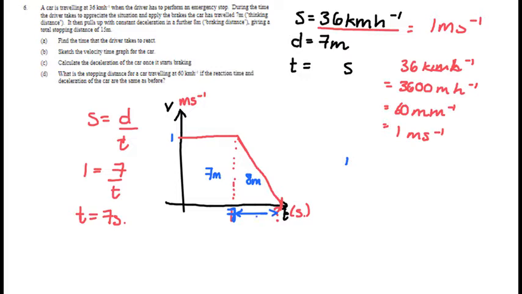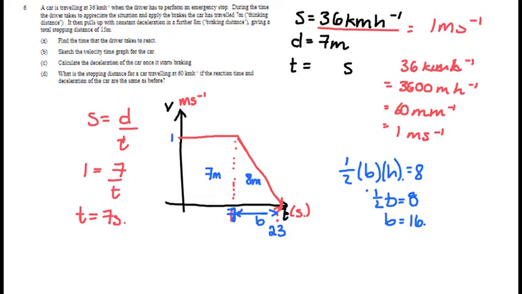So I'm just going to call that base for now. Base times my height is equal to 8, and my height is 10. So I've got a half times 10 times b is equal to 8, and so b is equal to 1.6. In which case I finish braking at 2.3 seconds into the situation.